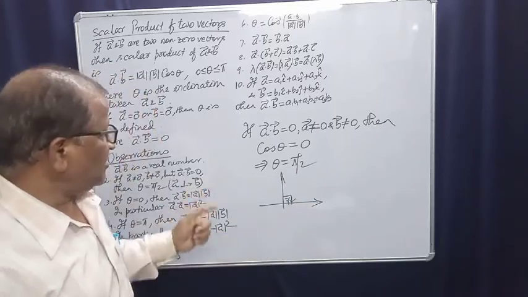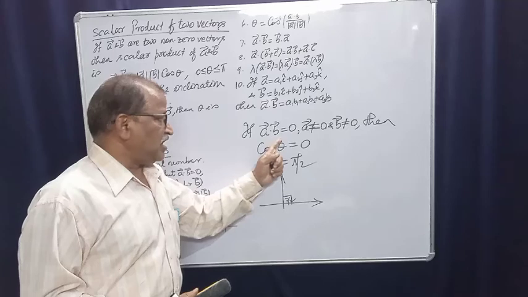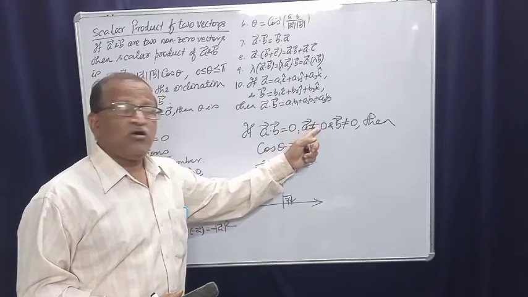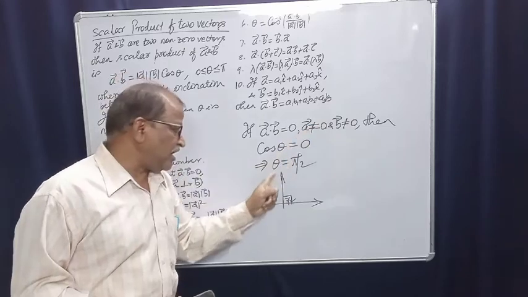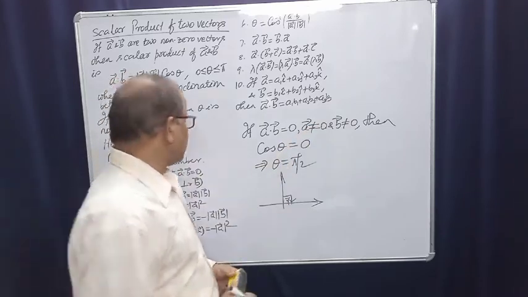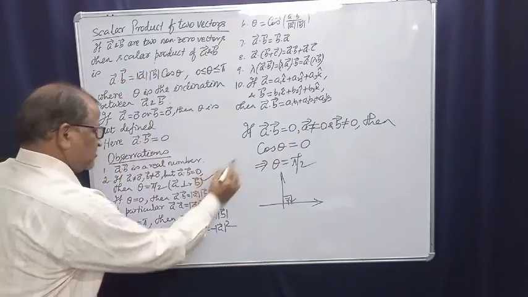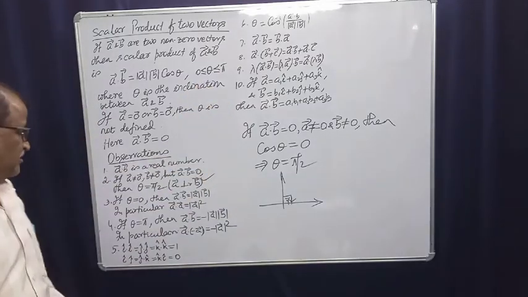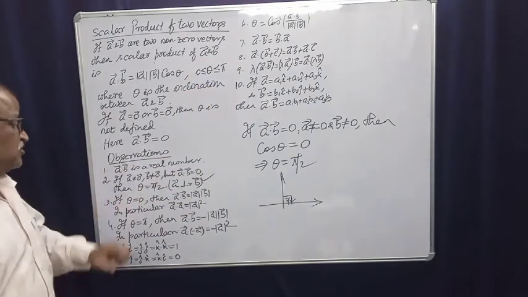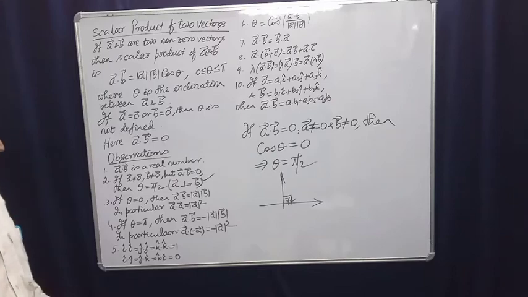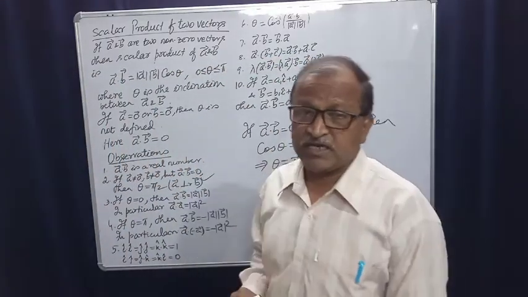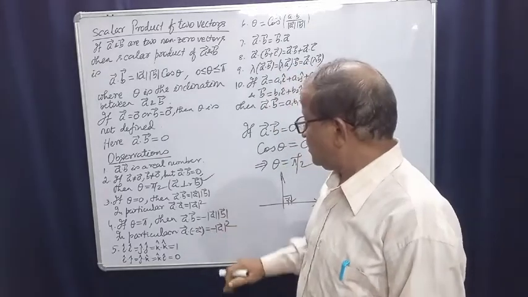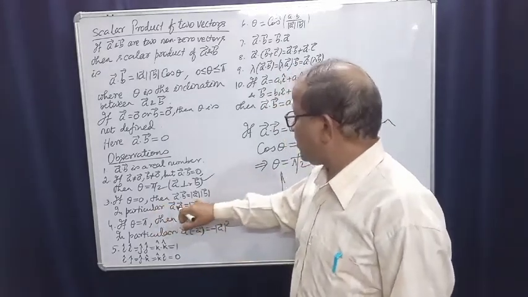Right? If A dot B is 0, A not equal to 0, B not equal to 0, then A must be perpendicular to B. I have written here. Right? If theta is equal to 0, then what will cos theta be? Cos 0 is 1. So A dot B will be what?